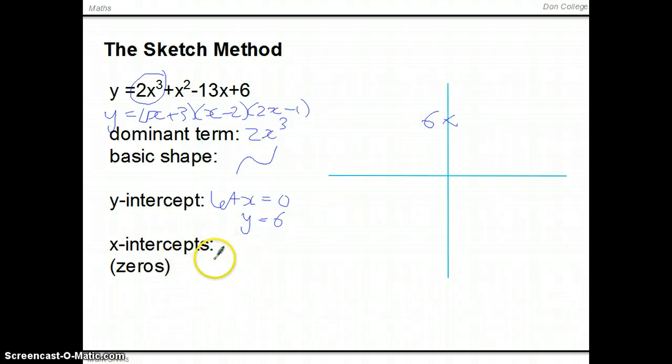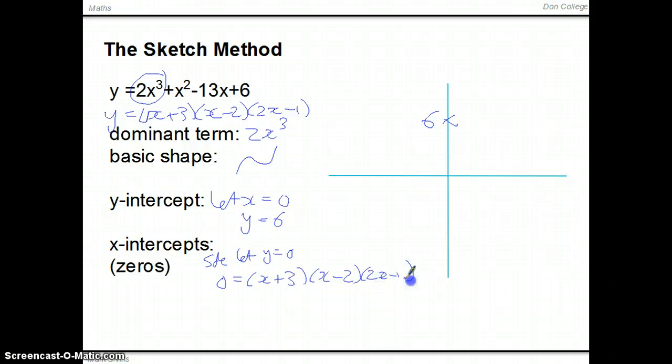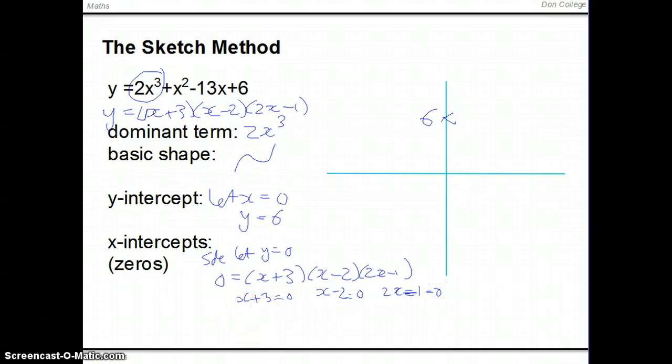The x-intercepts or zeros, we need to solve, well, let y equals 0, and we need to solve 0 equals x plus 3, x minus 2 and 2x minus 1. So this means that x plus 3 equals 0, or x minus 2 equals 0, or 2x minus 1 equals 0.